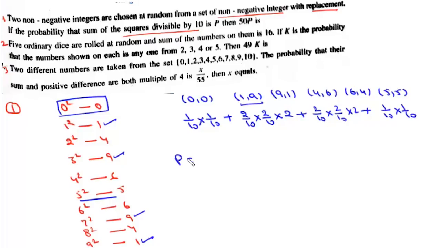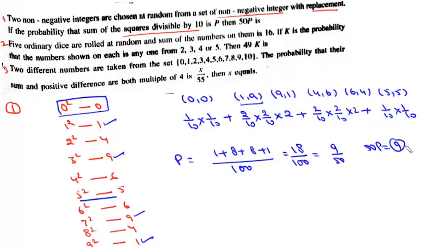So this probability will be this 100, and then we have 1 plus 8 plus 8 plus 1, which is 18 by 100, and that is 9 by 50. Now we need to find the value of 50p. So value of 50p is 9, and that is the answer to this question.